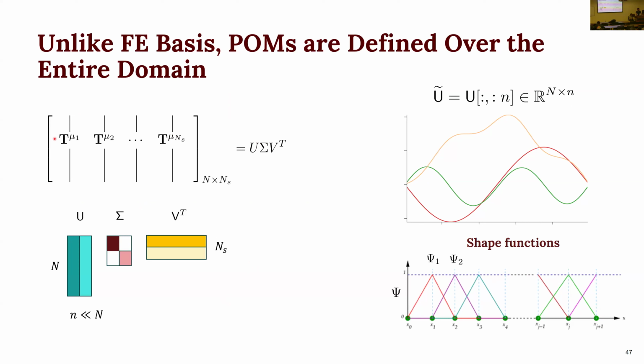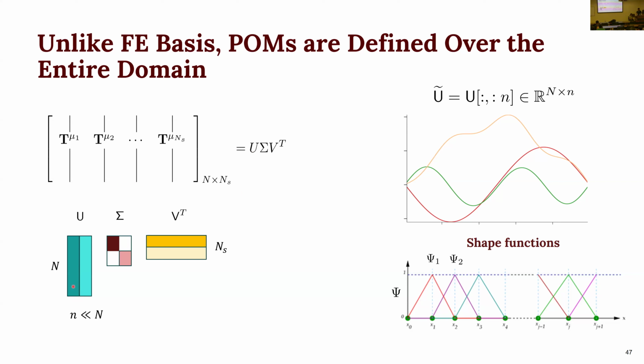So we find out the solution for mu1, mu2, and stack them as column vectors, right? And then we want to do POD on this, but we don't need to do POD explicitly. We can just do SVD because we are interested in finding the left singular vector u. And based on the truncation method that I described earlier, we can just select small n columns from u to formulate this u tilde.